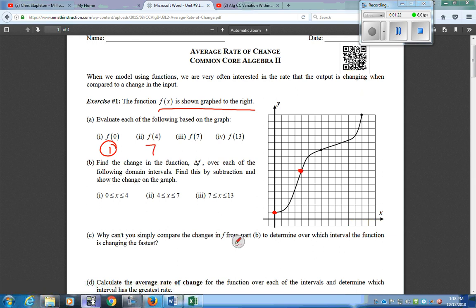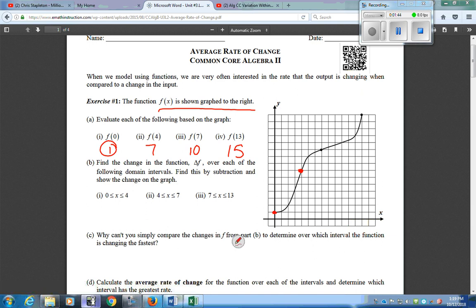They're highlighting those points for us. For 7, it's 10. And for 13, which is over here, we're going to have 15 as the corresponding y value.